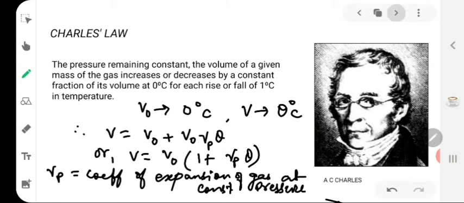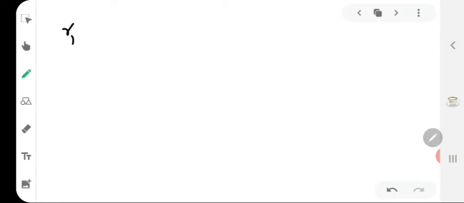So we can write down gamma P to be equal to V minus V0 divided by V0 into theta.